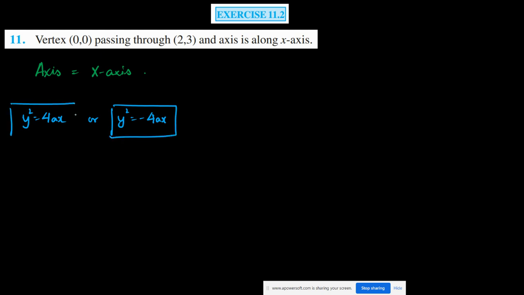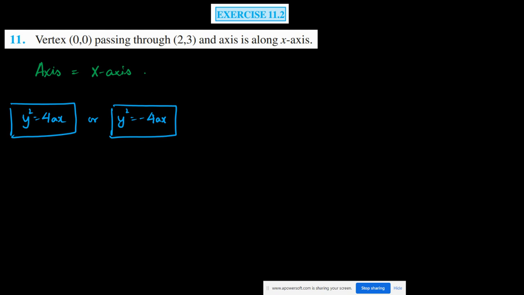If it is along y-axis, then your equation can be x square is equal to 4ay or x square is equal to minus 4ay. In this case, since it is along x-axis, the equation can be y square is equal to 4ax, or y square is equal to minus 4ax.